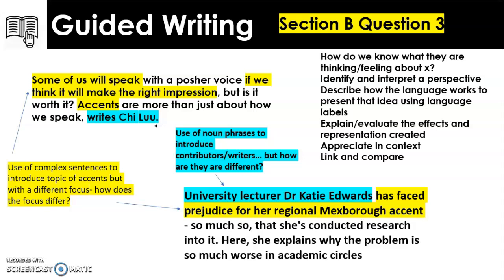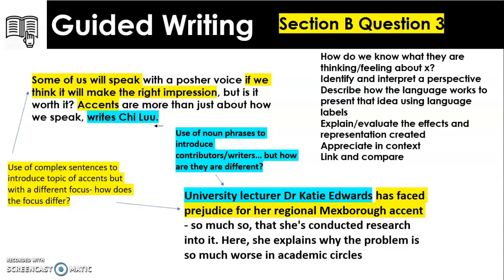So they're immediately identifying a point of view towards accents, that speaking with a particular accent, with a posher voice, can create a right impression. But they do this lovely thing. So then they follow it up with the interrogative, "but is it worth it?" That suggests that they themselves are questioning whether that's the right thing to do. So here we've got a writer whose opinion or perspective or position is to question the attitudes of others towards accents.